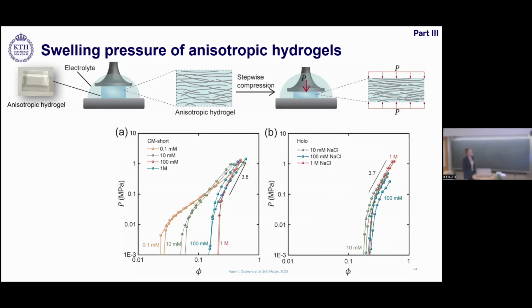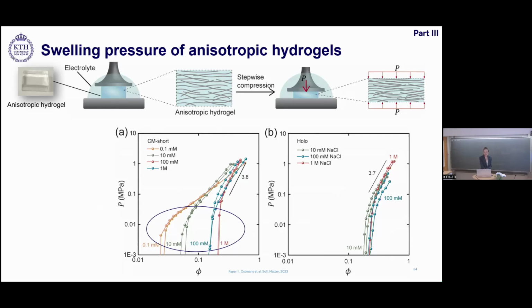And to test how the swelling pressure is related to fibril properties as well as electrolyte concentration, we prepared different anisotropic hydrogels. We reswelled them in different electrolyte concentrations, and then we could see how the swelling pressure was related to these different properties. What we could see is that for charged fibrils, the swelling pressure is very related to the electrolyte concentration.